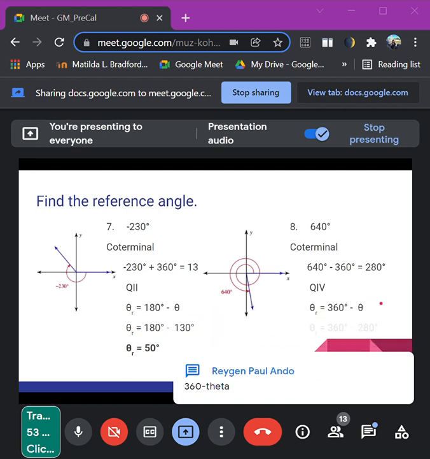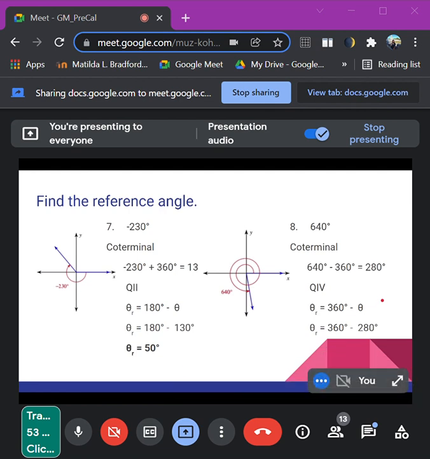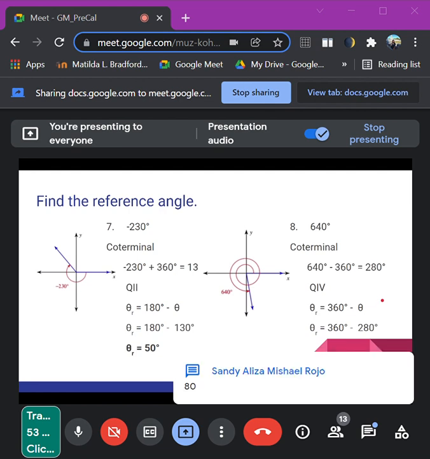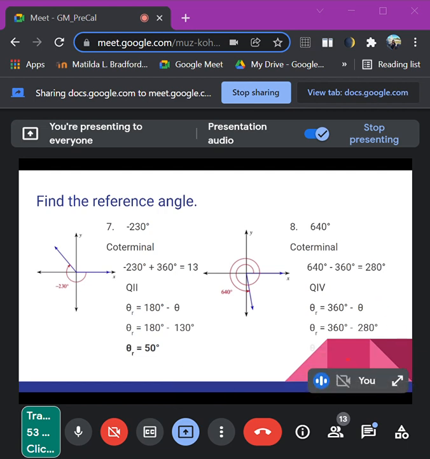So, you have there 360 minus 280. Pila? Okay, that is 80 degrees. So, meaning to say your reference angle for 640 is 80 degrees.